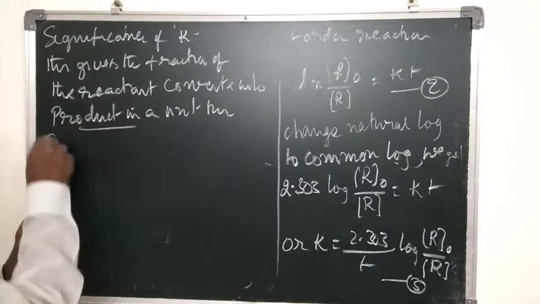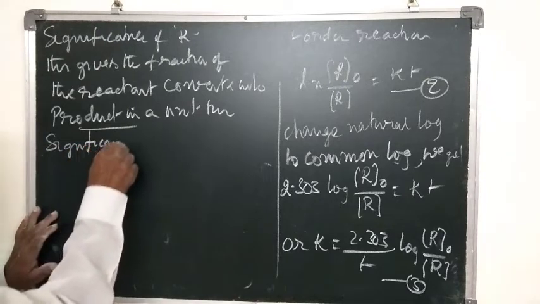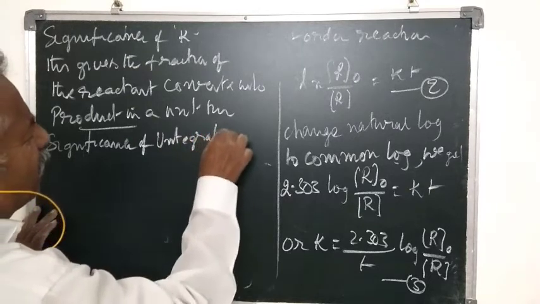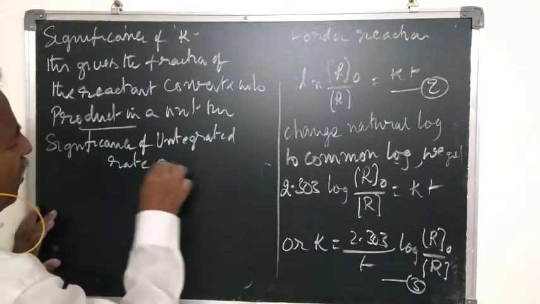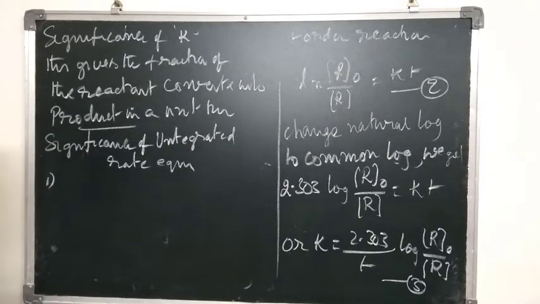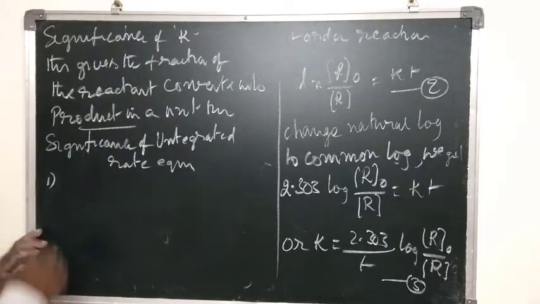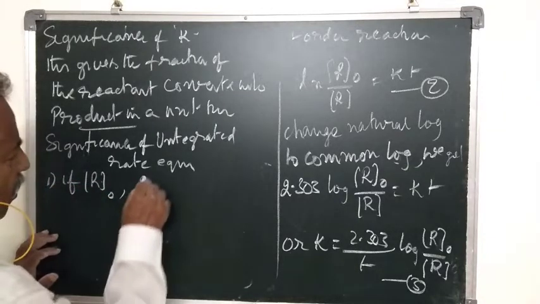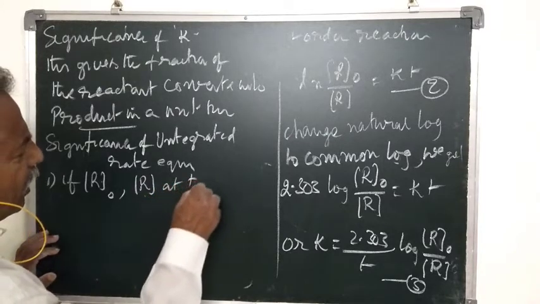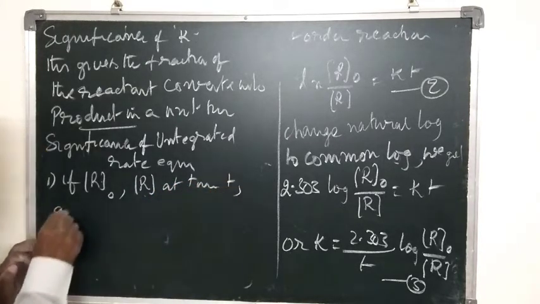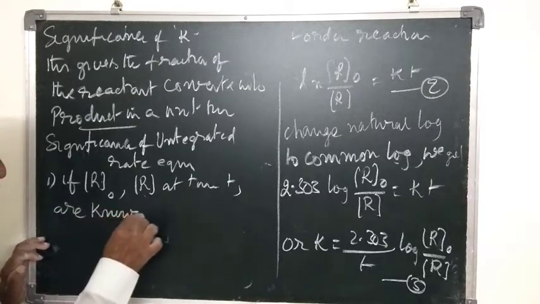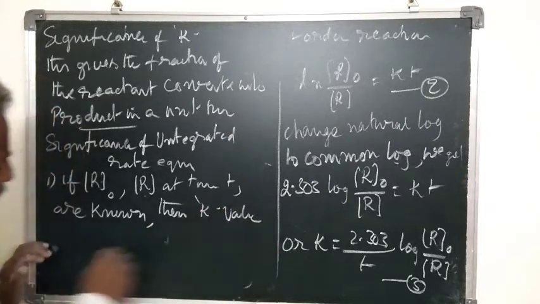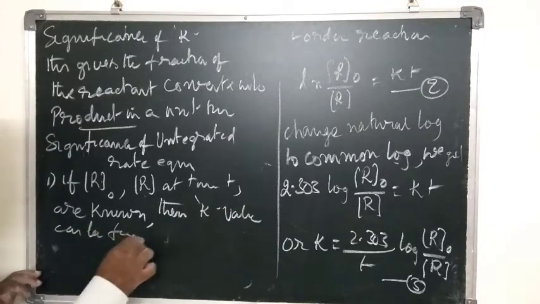Now let us see the significance of the integrated rate equation. If R0, that is the initial concentration, and the concentration of R at time t are known, then the k value can be found.